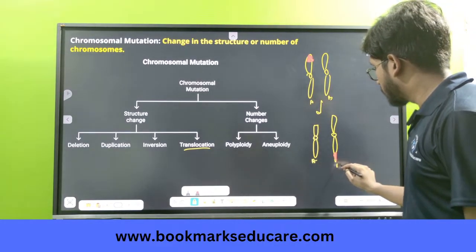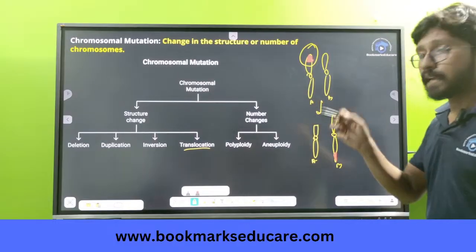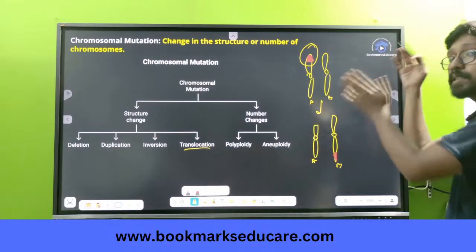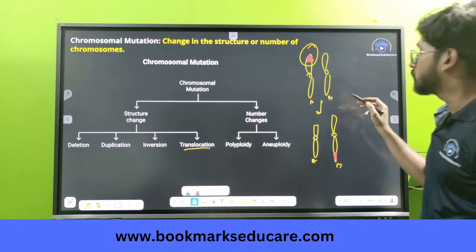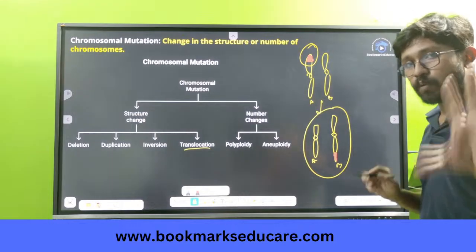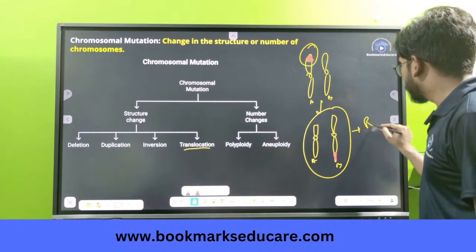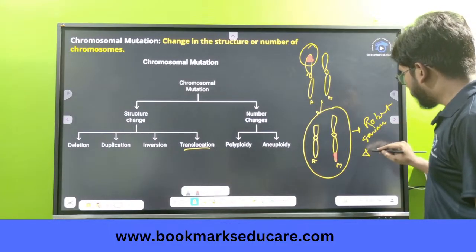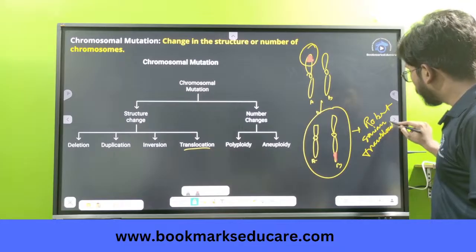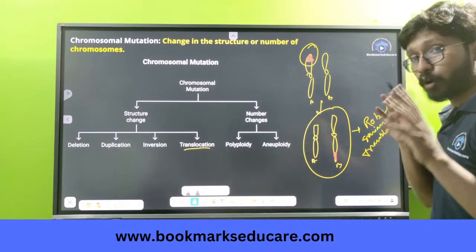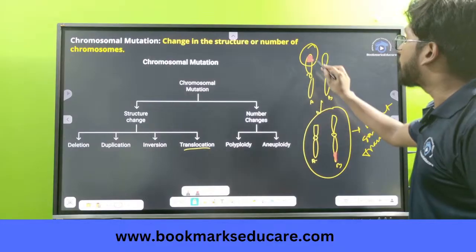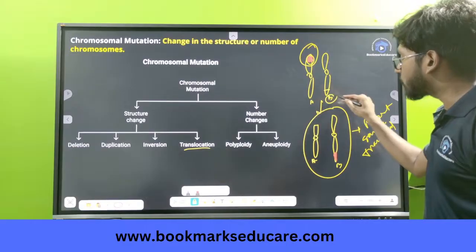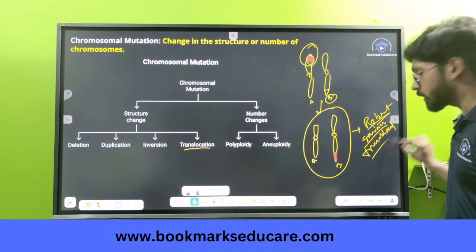Okay, the red part from chromosome A detached itself and got attached into a separate chromosome. This is one type of translocation called Robertsonian translocation, where, remember it, when a part of a chromosome removes itself and attaches to another chromosome, it is called Robertsonian translocation.